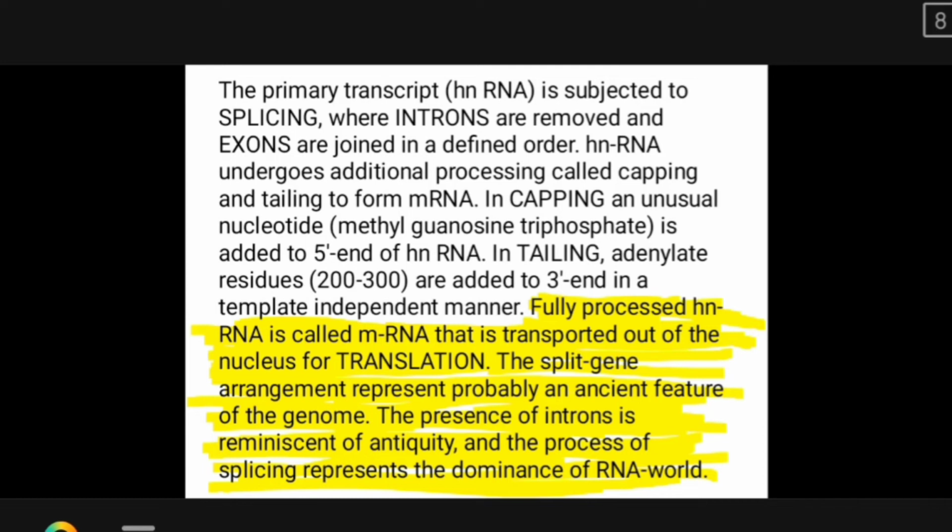First is splicing, removal of introns, and then exons are joined in a defined manner. Then there is capping, in which methyl guanosine triphosphate is added to the 5' end of the hnRNA. And in the final step, the tailing, around 200 to 300 adenylate residues are added at the 3' end of hnRNA in a template independent manner.